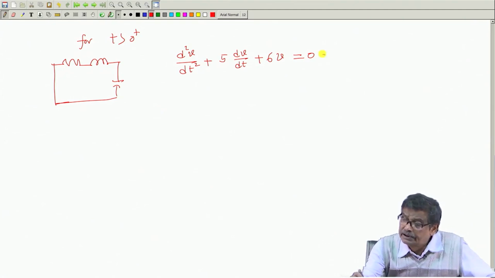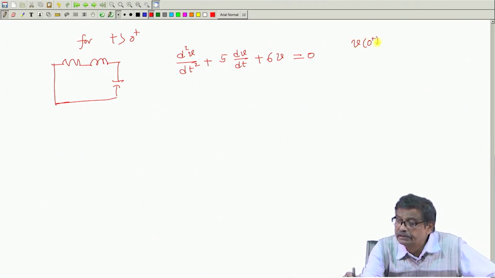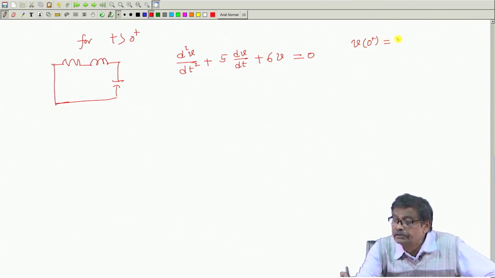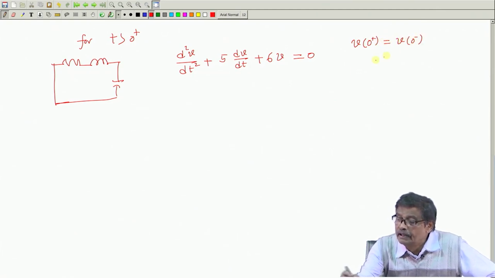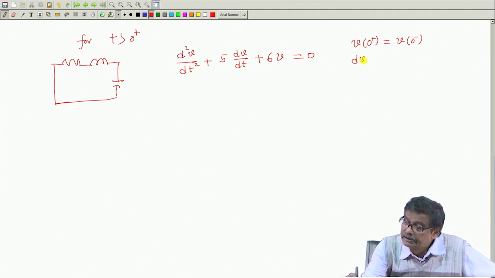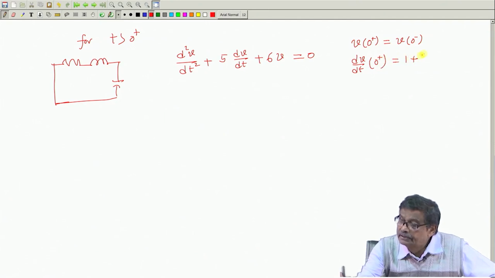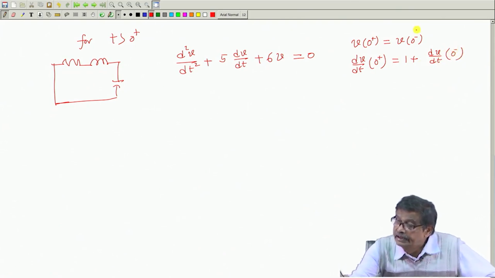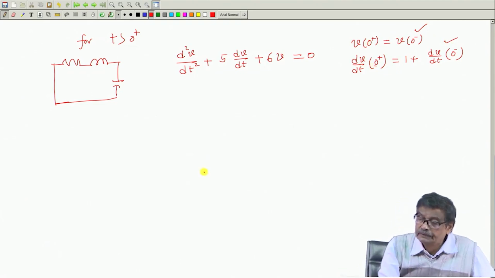What are the boundary conditions? V 0 plus is known, which is equal to V 0 minus, and since two boundary conditions are needed, dV dt at 0 plus will be equal to 1 plus dV dt at 0 minus. These were given to me, so I will be able to calculate these two.